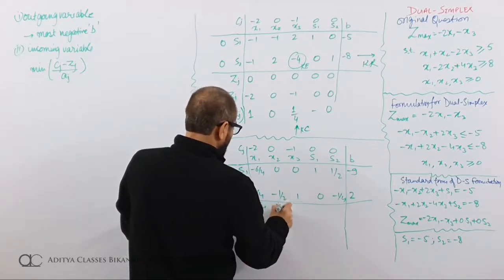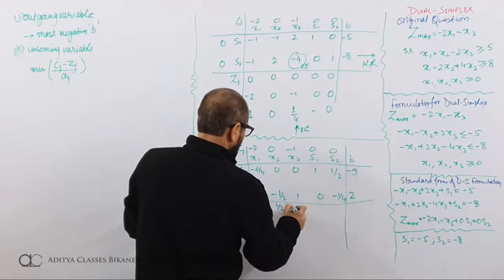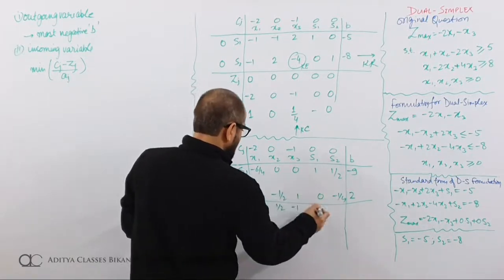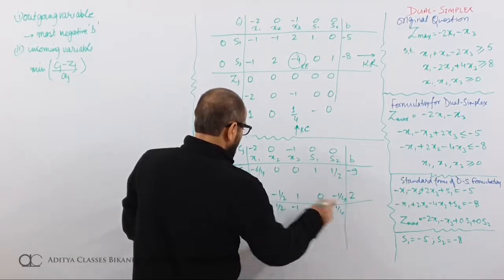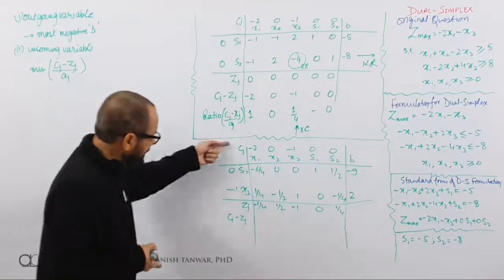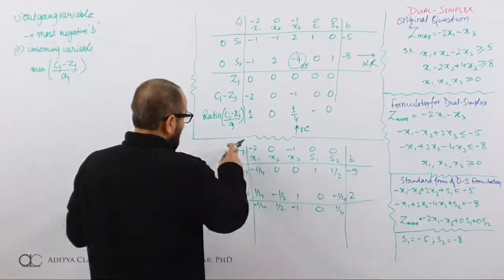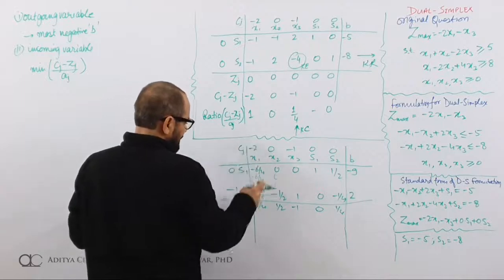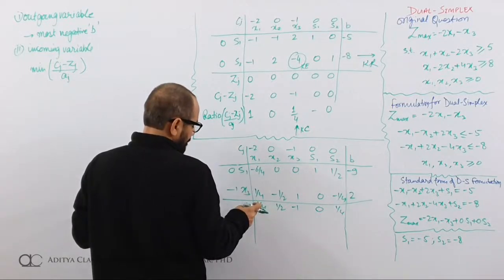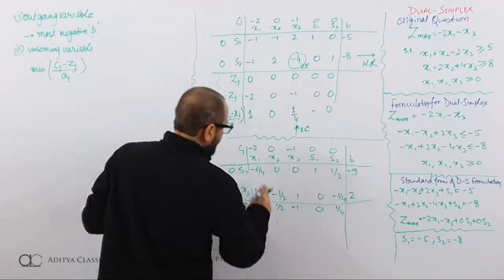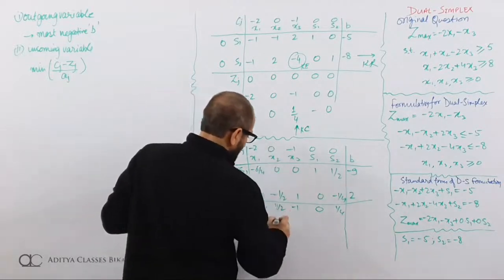This will be half, 1, minus 1 by 4, half, minus 1, this will be a 0, this will be a 1 by 4. So we have our Zj's. Then we need Cj minus Zj. Minus 2 minus 1 by 4. So it will be a minus 8 plus 1, making it minus 7 by 4. This will be 0 minus half.